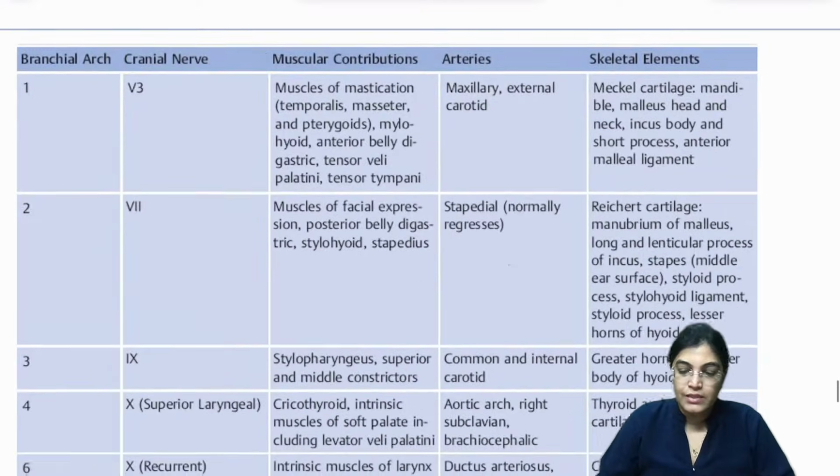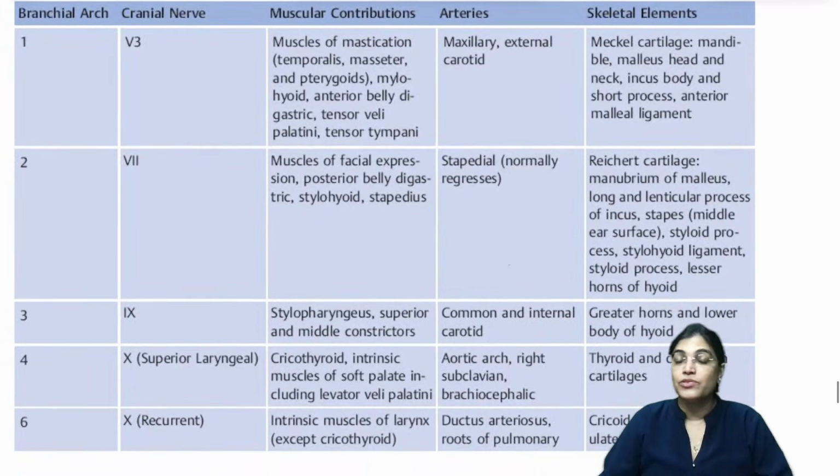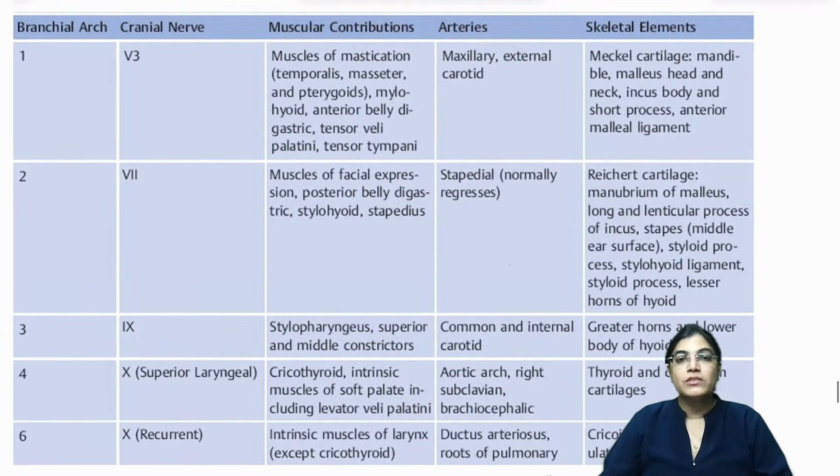So here, this is a table in which you can just revise the muscles. Muscles of the first pharyngeal arch are the muscles of mastication, anterior belly of digastric, and we have tensor tympani and tensor veli palatini muscle. The muscles of the second arch are the muscles of facial expression, stylohyoid muscle, and posterior belly of digastric. Anterior belly of digastric is a muscle of the first pharyngeal arch.